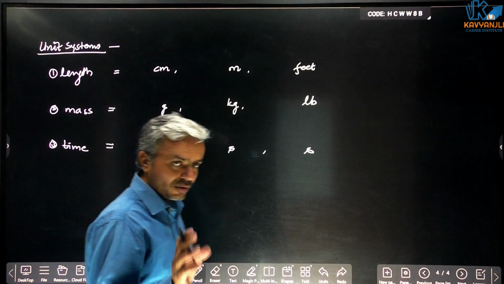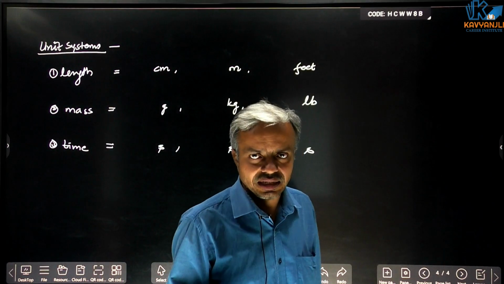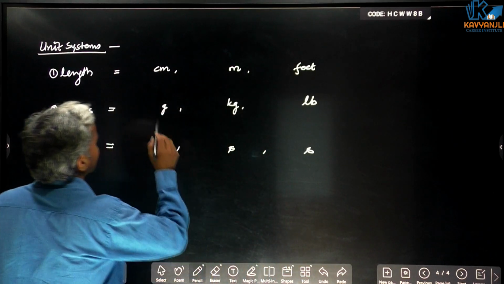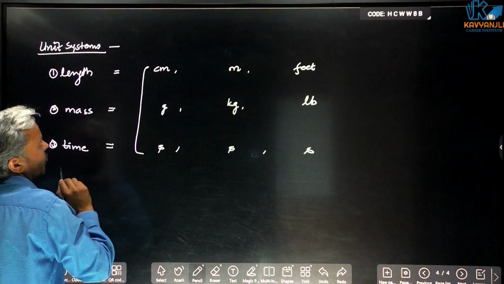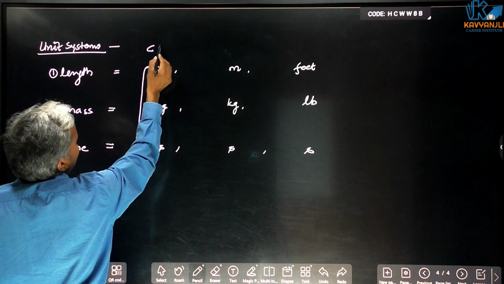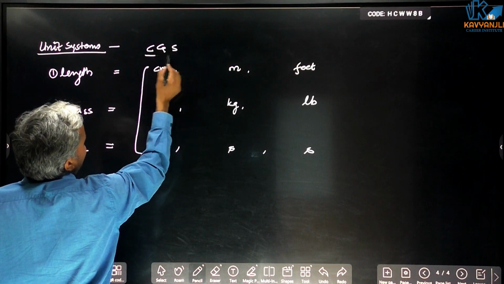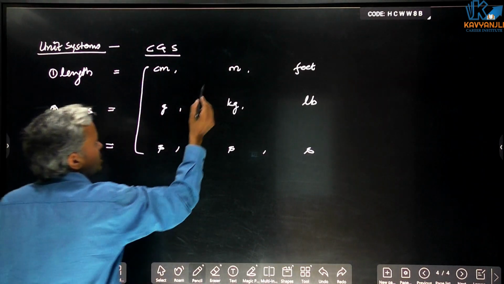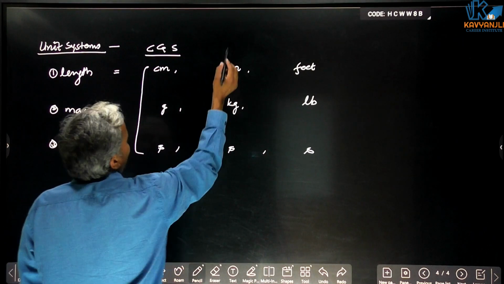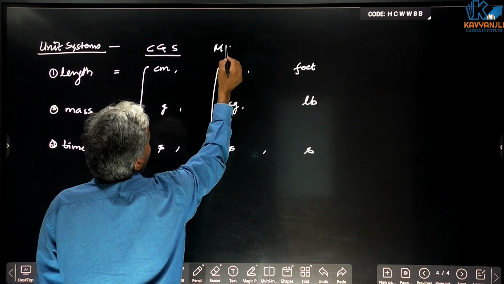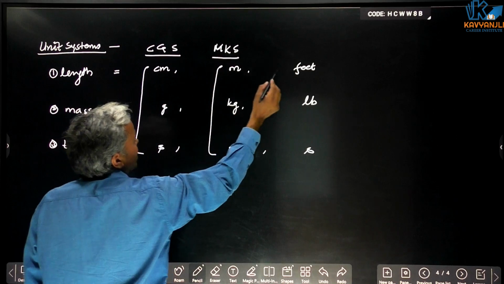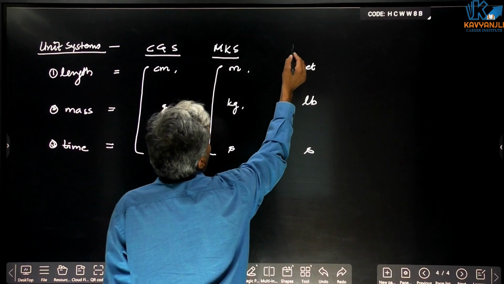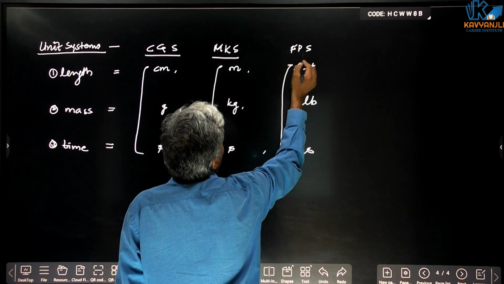So a particular region in the world has a set of units. Like this set is called CGS, centimeter, gram, and second. This particular set is called MKS, and this particular set is called FPS.